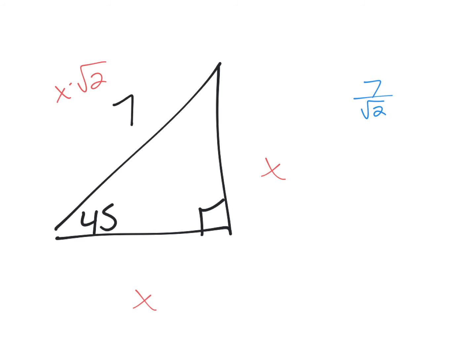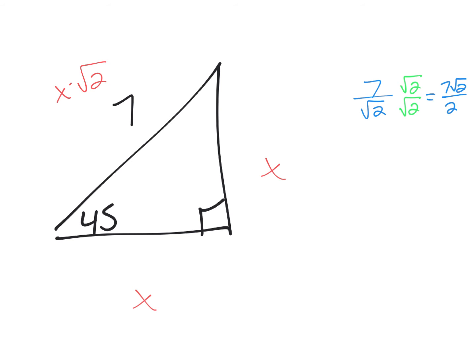How you do that is you multiply it by itself, and whatever you do to the bottom, you must do to the top. So this would equal 7 square root 2 over square root of 2 times square root of 2, which is just 2.